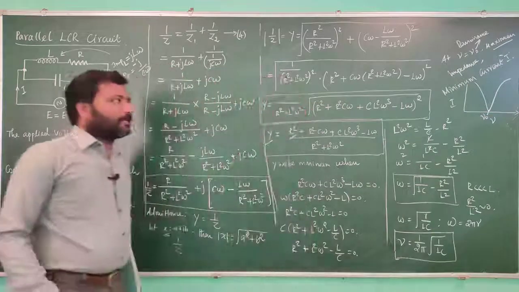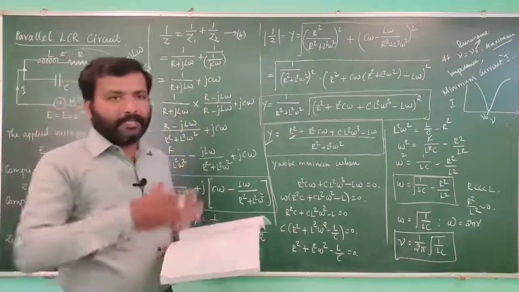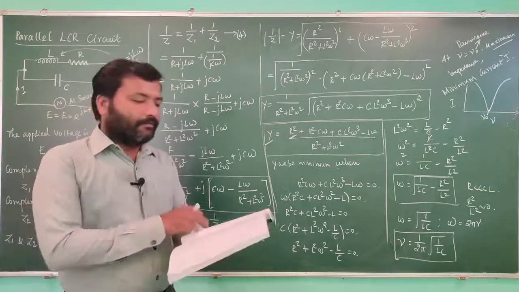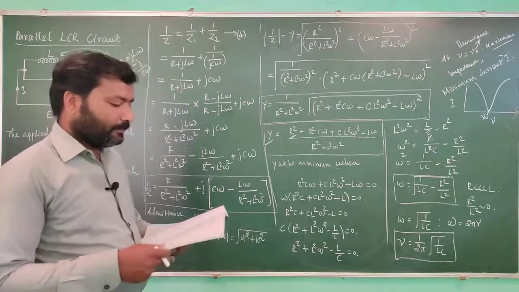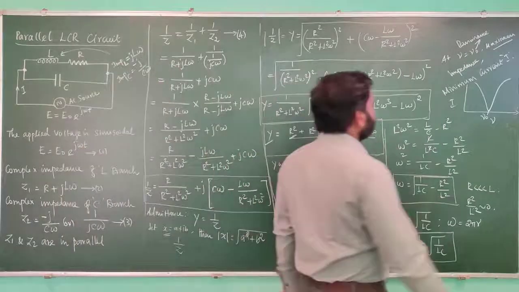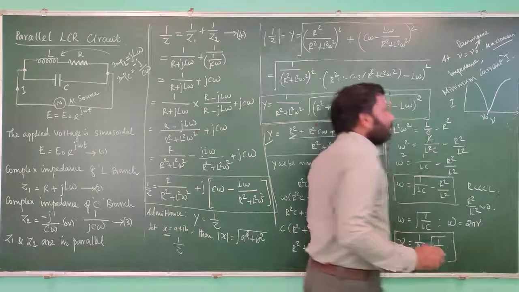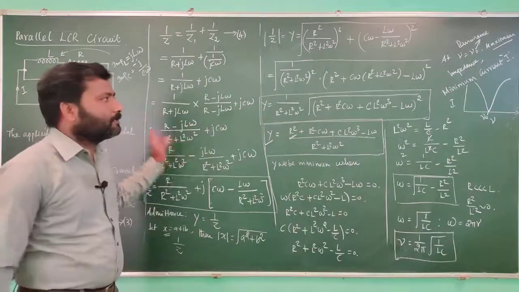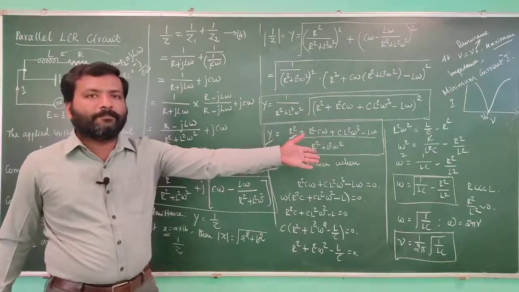The resonance curve looks like an inverted Gaussian curve when compared with the series LCR circuit. Generally, this implies that at the resonance frequency, the parallel circuit has minimum response.